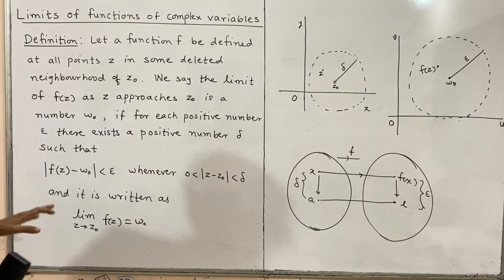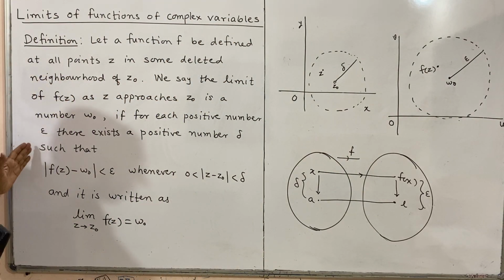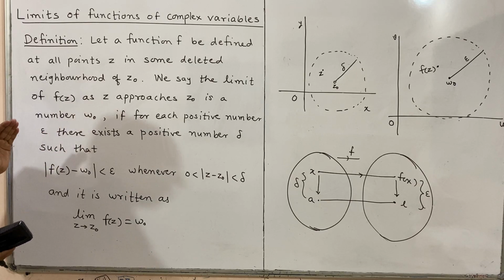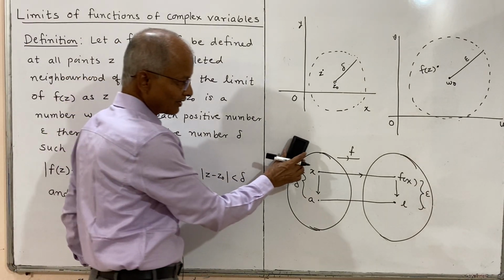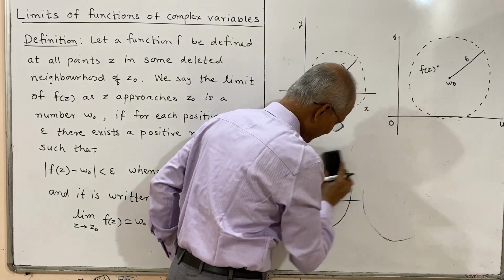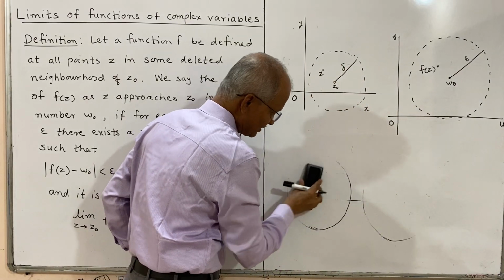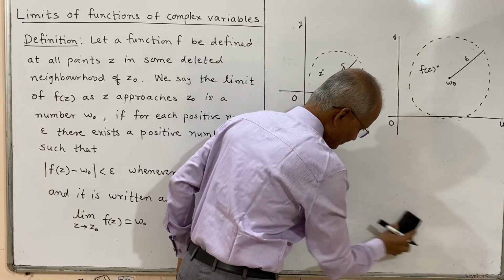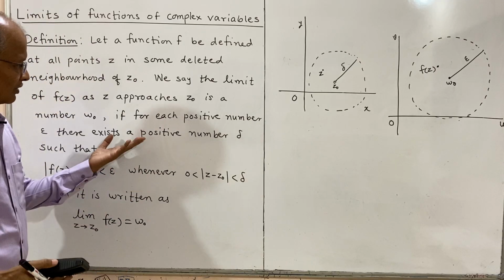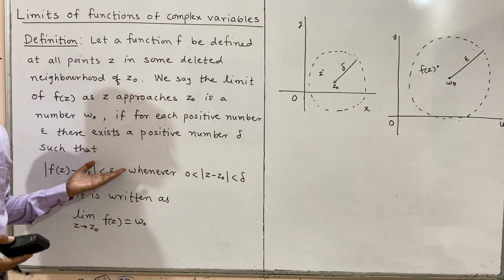So this is the meaning of limit, or actually this is the epsilon delta definition of limit. The concept is somewhat difficult to understand, but you can see the meaning of it. Here epsilon and delta are the letters used to define the limit of a function.